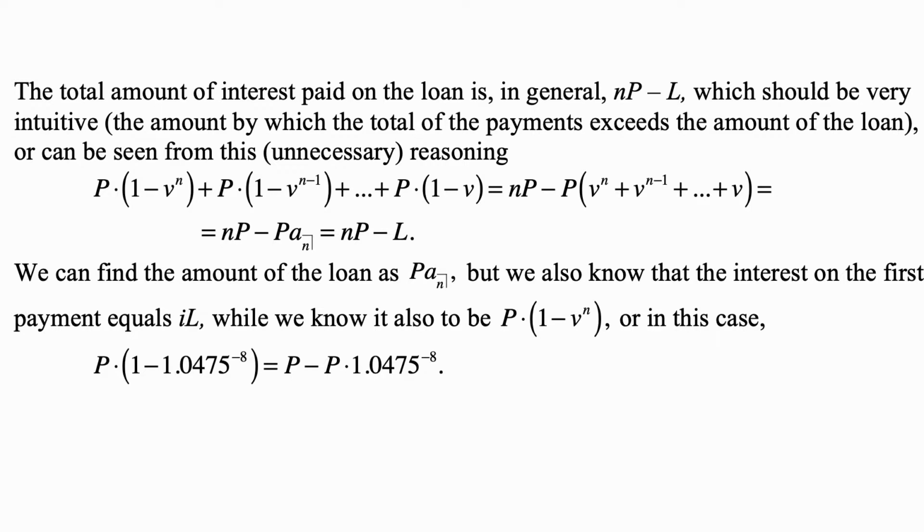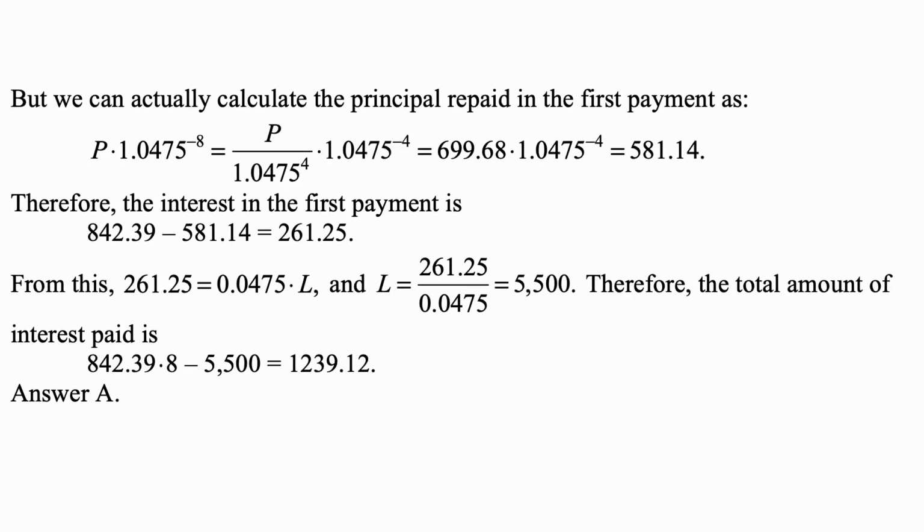We can find the amount of the loan as P a angle n, but we also know that the interest on the first payment equals i times L, while we know it also to be P times 1 minus v to the nth, or in this case, P times 1 minus 1.0475 to the negative 8, so P minus P times 1.0475 to the minus 8. But we can actually calculate the principal repaid in the first payment as P times 1.0475 to the minus 8, which is P over 1.0475 to the fourth times 1.0475 to the minus 4.